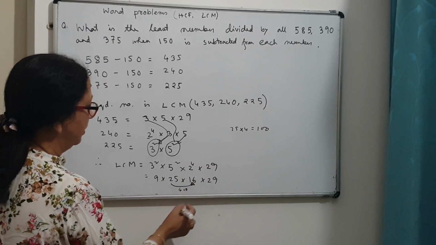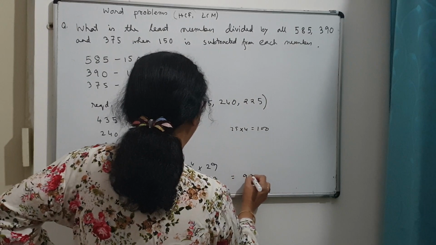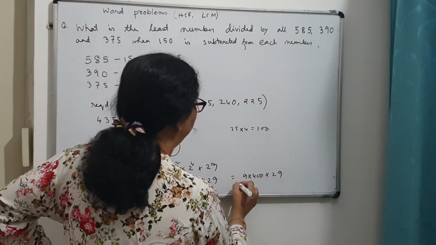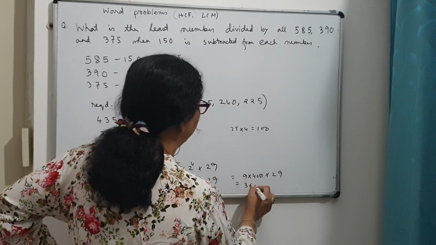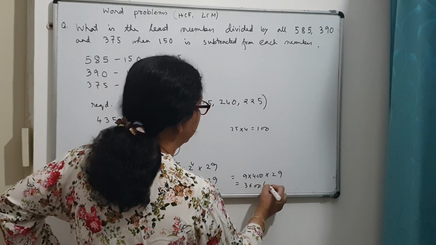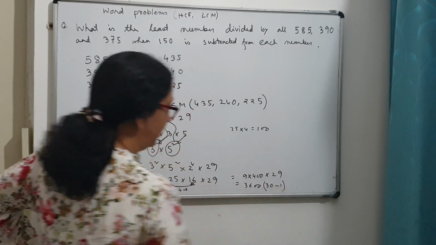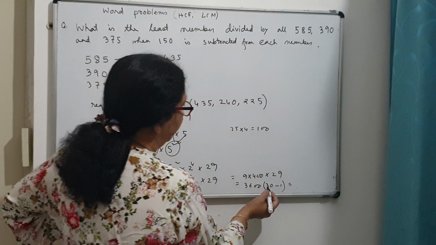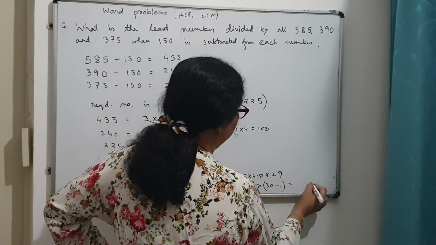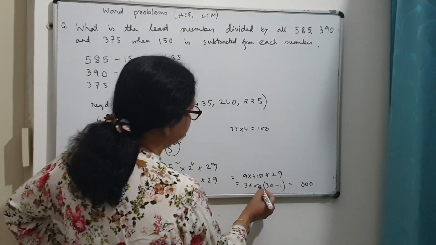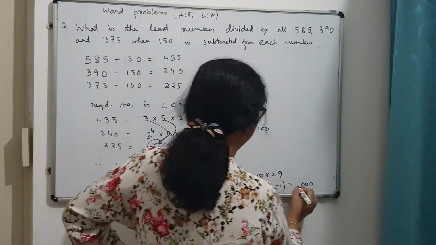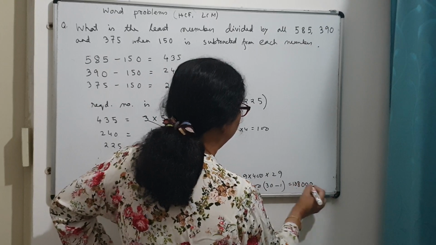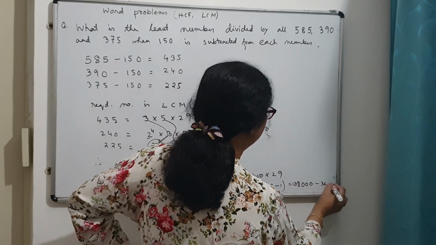So 9 into 400 and this 29. 4 9 is 36, so 3600, and this 29 can be written as 30 minus 1. So these calculations, you see, 3 zeros, 3 6 are 18, 3 nines are 27, minus 3600.